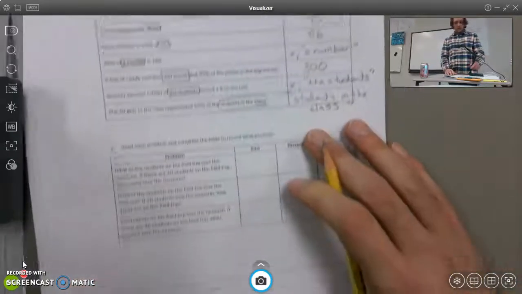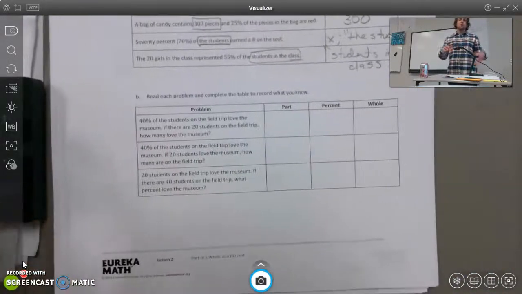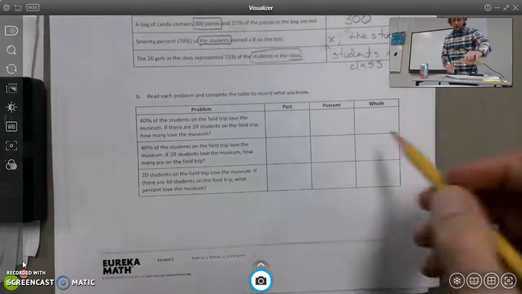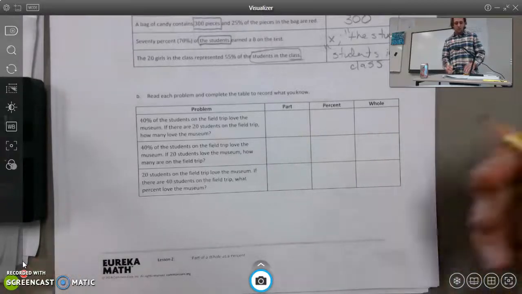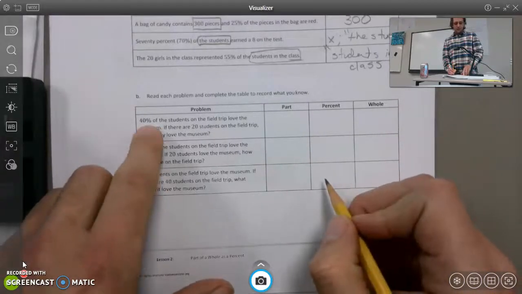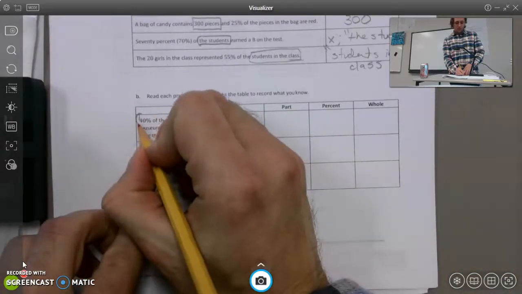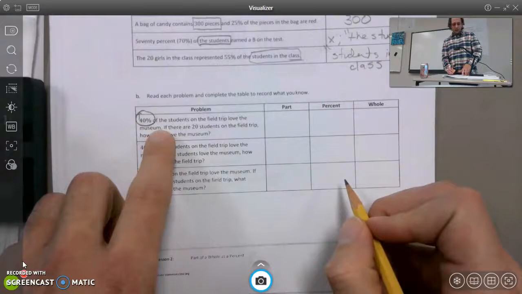Okay, so let's look down here at the bottom, and we've got basically the same scenario asked 3 different ways. In each of these different scenarios, we're going to be trying to find a different piece, the part, the percent, or the whole. In the first scenario, it says 40% of the students on the field trip love the museum.